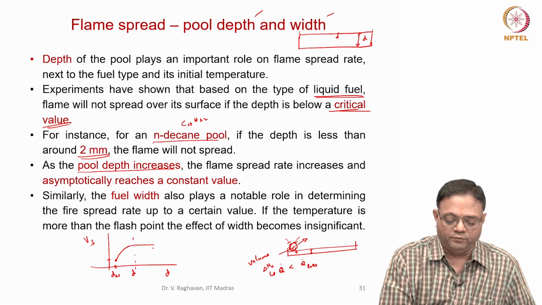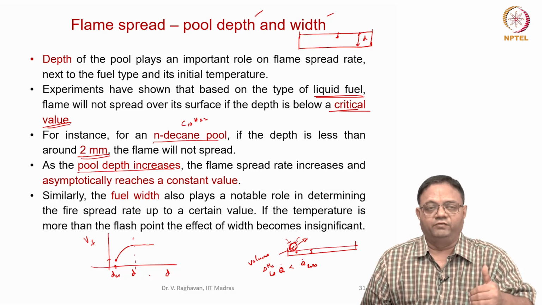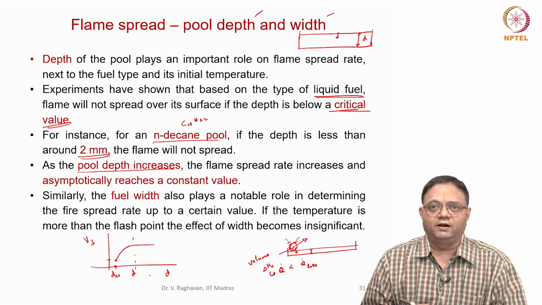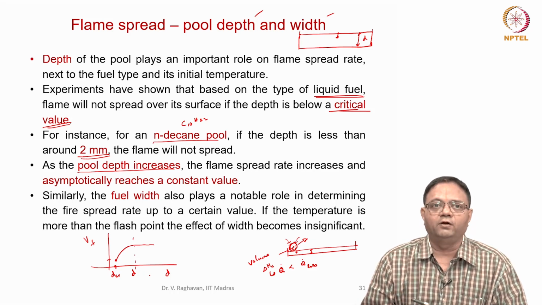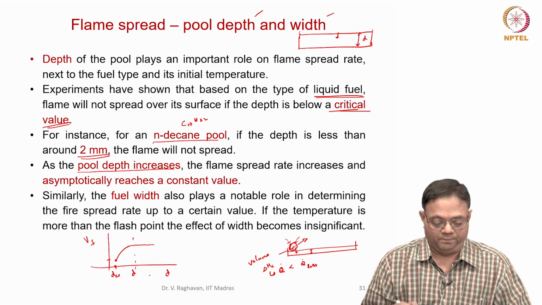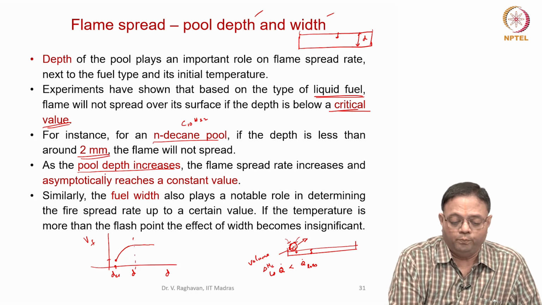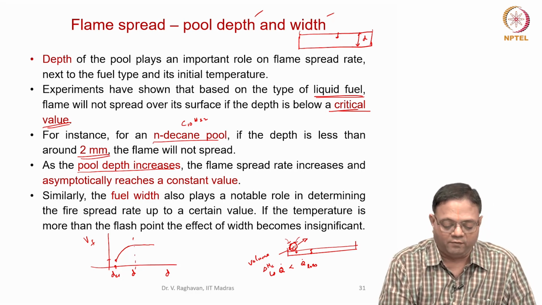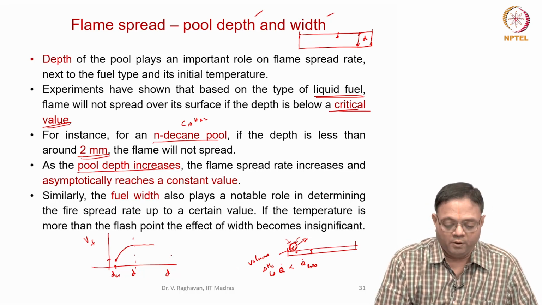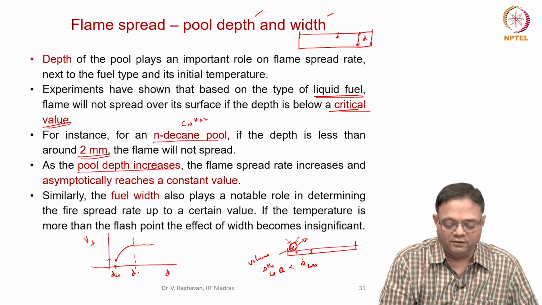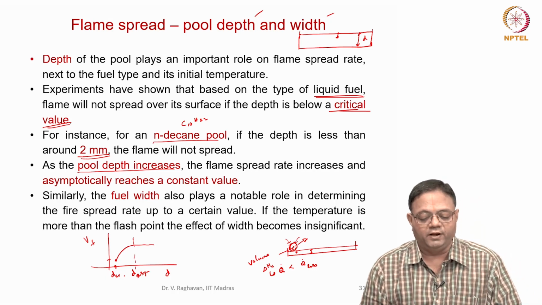Even if you increase the depth, the heat coming in from the gas phase to the interface and from the interface to the liquid phase is such that the temperature of the surface is close to the fire point, so that it produces enough vapor to feed the flame. So when the pool depth is increased beyond the critical value at which the flame starts to spread, it will asymptotically reach the maximum value, and after that this asymptotic value of depth will not have any role.